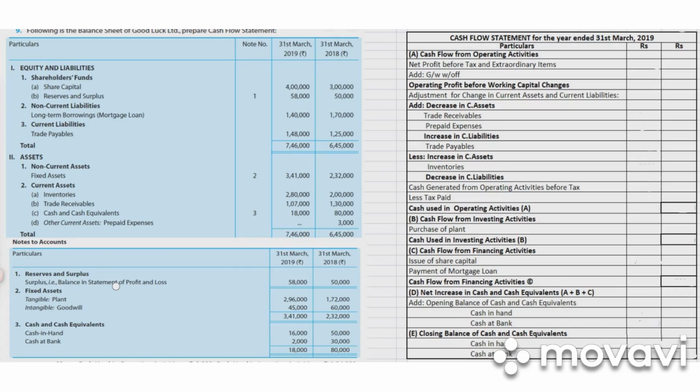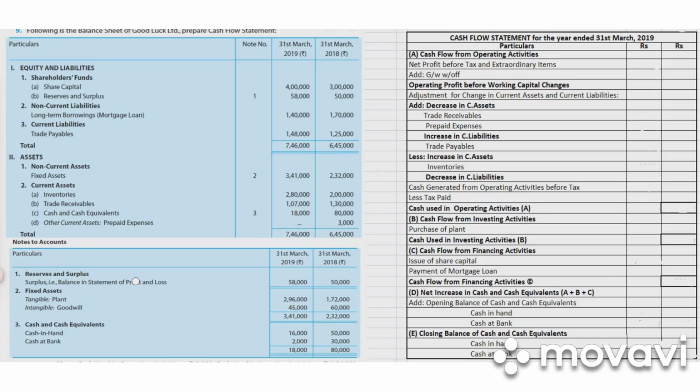Normally the dividend will come as an adjustment item. But in this particular question it is not given, so we don't have to consider dividend, taxation or provision for tax, and there is no reserve also. If a reserve is there, it will be given in the section reserves and surplus. You check the notes to accounts there, reserves and surplus.